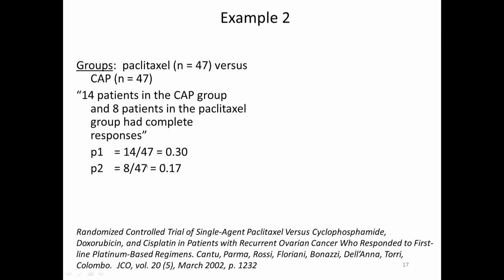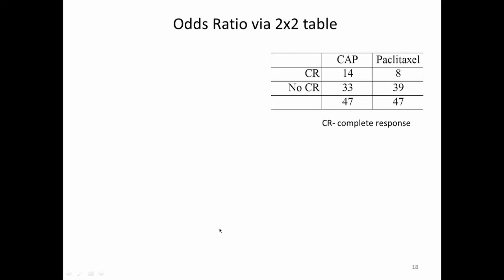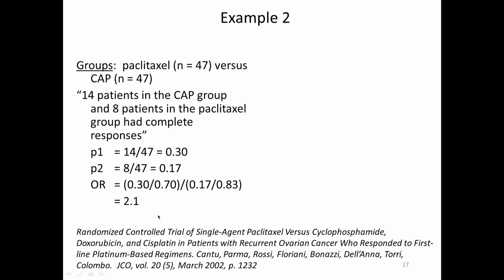If we are doing this for CAP, we take P1 as CAP: 14 by 47 is 0.3, and P2 is 8 by 47, which is 0.17. So the odds ratio will be 0.3 by 0.7 divided by 0.17 by 0.83, which comes to 2.1. So what does that mean? That means 2.1 for the CAP group when compared to the paclitaxel group.